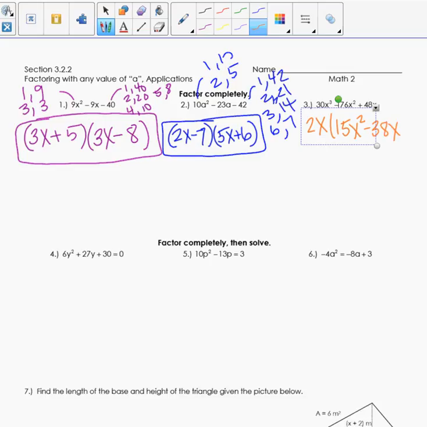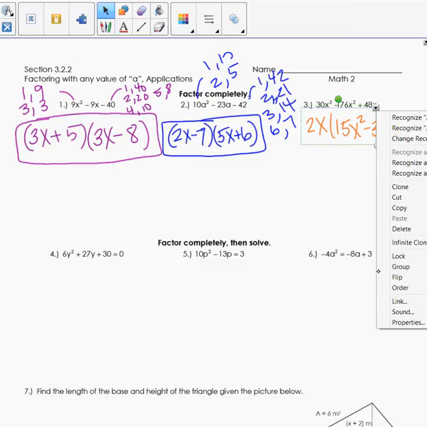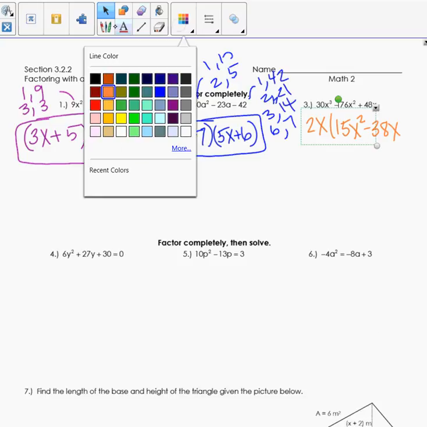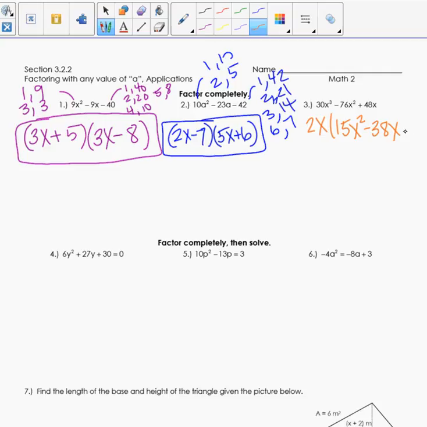And then plus, is that a 48? My computer loves to do this to me. All right. That's a 48x, so that's plus 24.